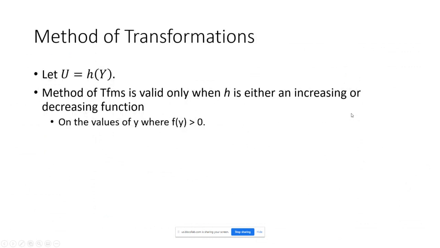All right, so with the method of transformations, suppose that we're defining a new random variable U based on a function h of the random variable Y. The method of transformations is valid only when h is either an increasing function or a decreasing function, but it can't do both.